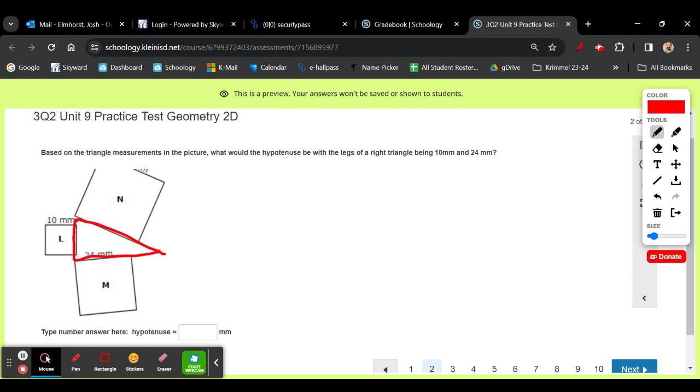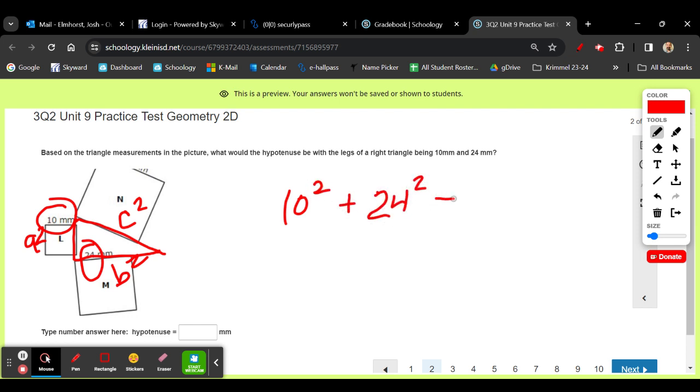Number 2, we're going to use the Pythagorean theorem to find the hypotenuse n. So we're going to do a squared plus b squared equals c squared. We have 10 and 24. 10 squared plus 24 squared is equal to c squared.